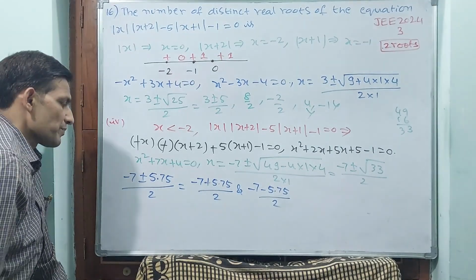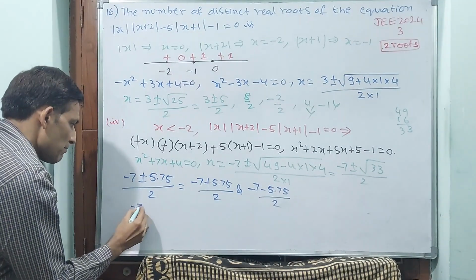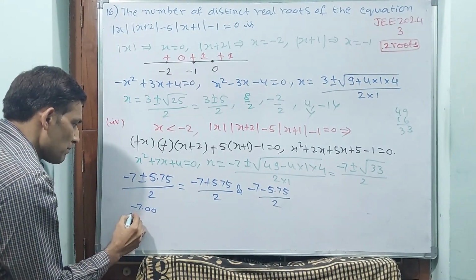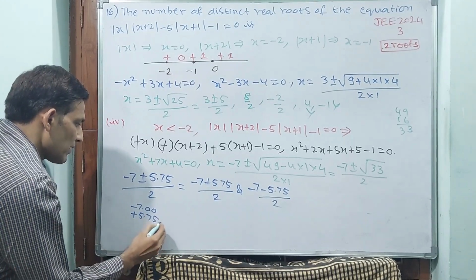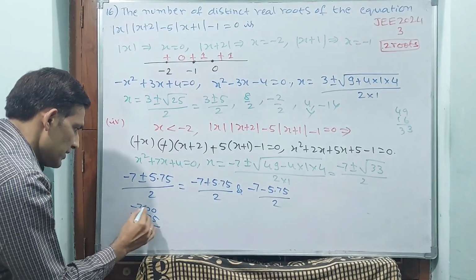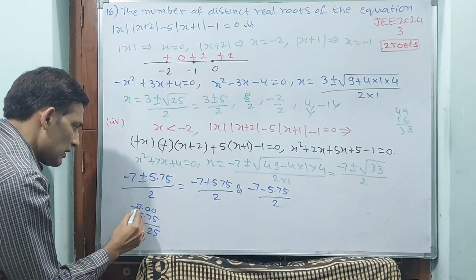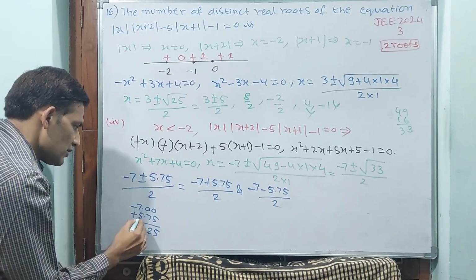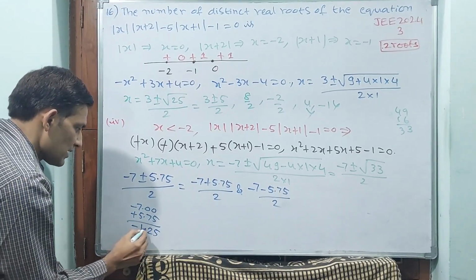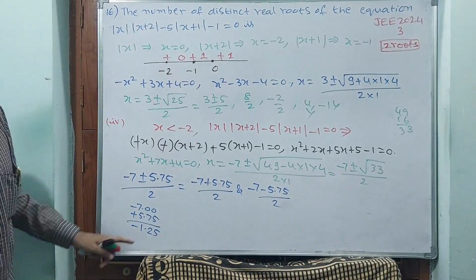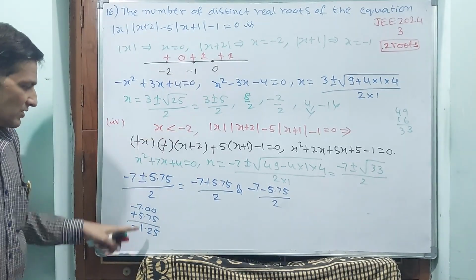Okay. Now one by one we will do. See, minus 7.00 plus 5.75. Here 6 minus 5, 1 will come, minus 1.25. See, is it less than minus 2?